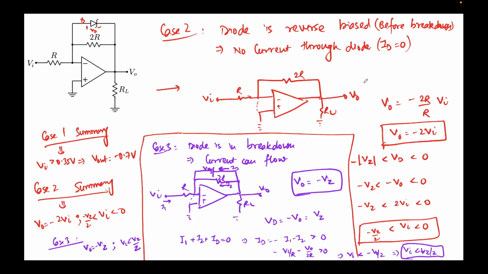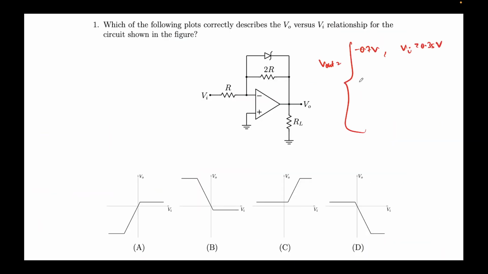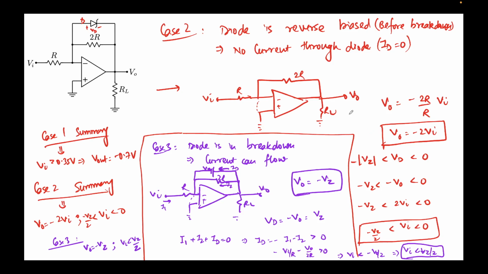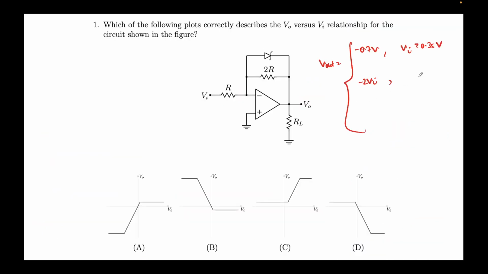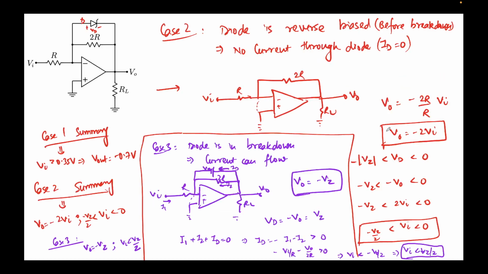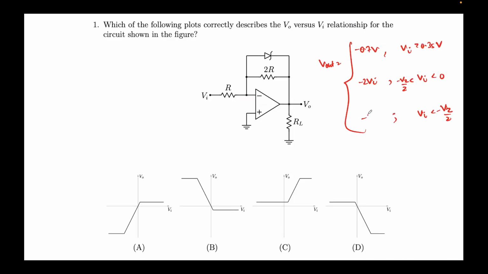In the second case, it's given by minus 2 Vi, for Vi less than 0 but Vi greater than minus Vz by 2. And finally, when Vi is less than minus Vz by 2, it is given by a constant minus Vz, right? So this is what we are seeing over here.